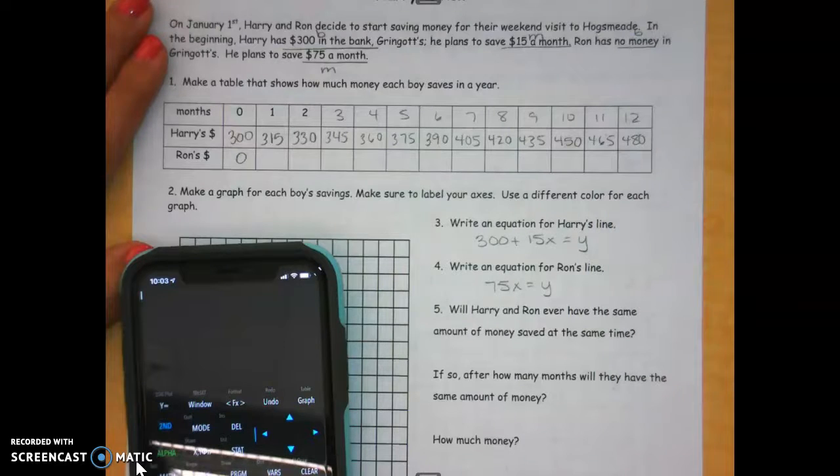Okay, so by the end of the year, Harry should have $480.